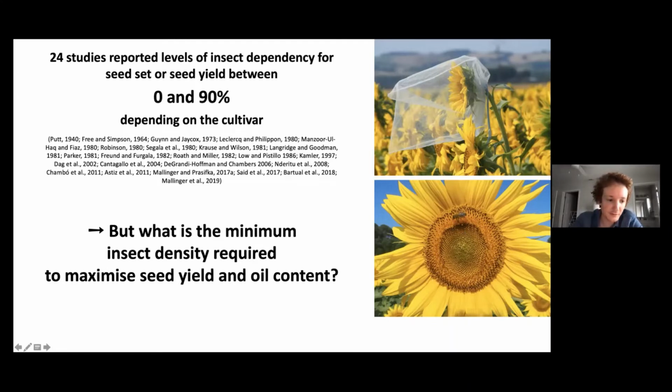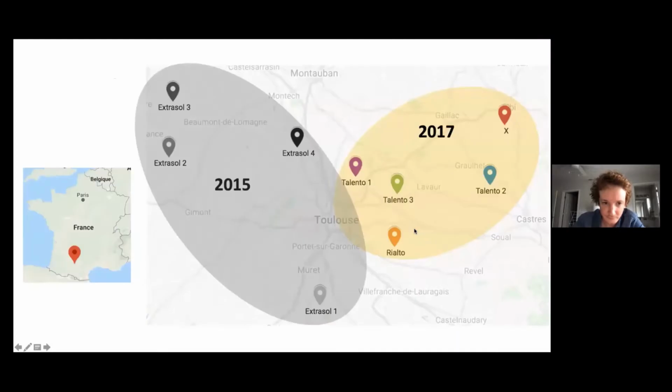But even if there was a lot of work on this question, the question remains about what is the minimum insect density required to maximize the seed yield and the oil content. So the work took place in France, near the city of Toulouse, in 2015 and in 2017.